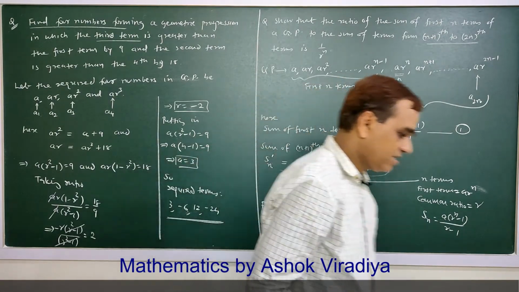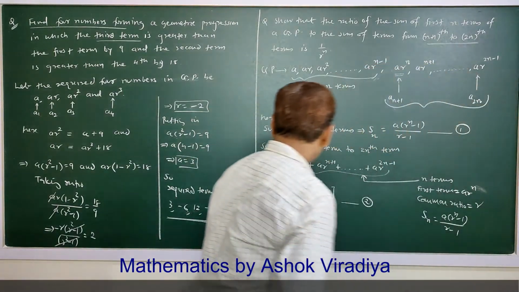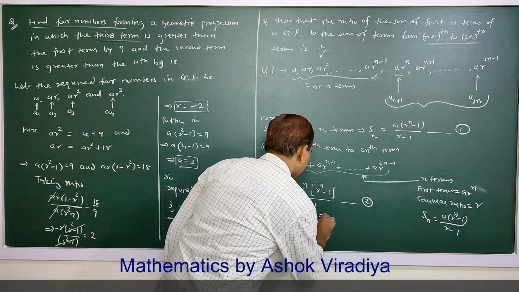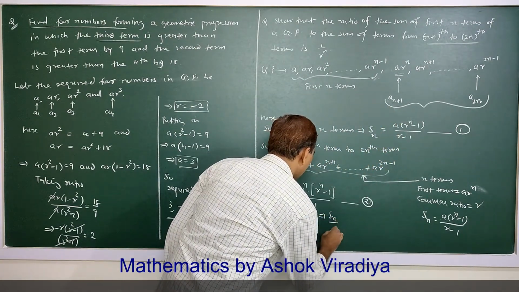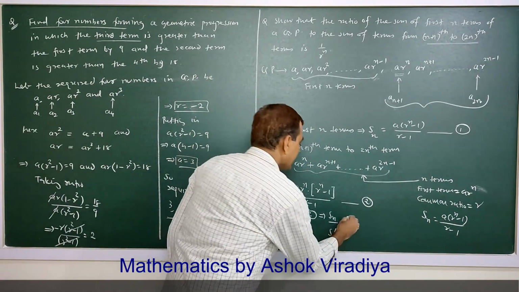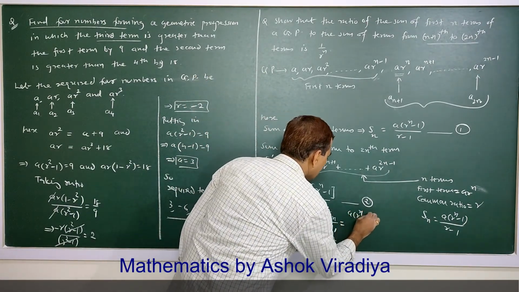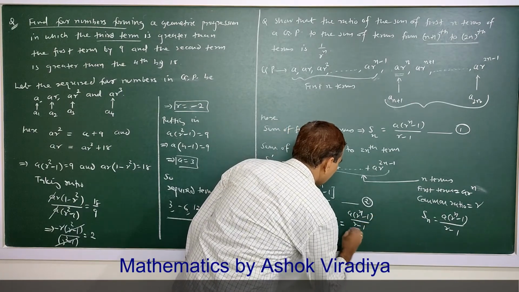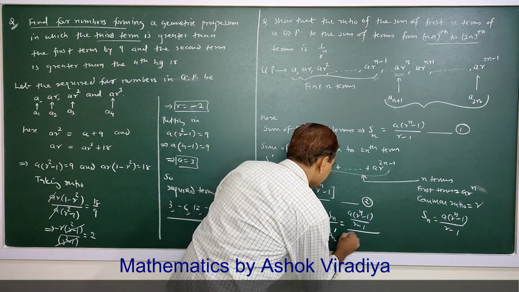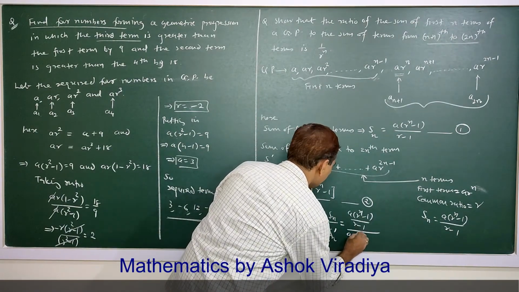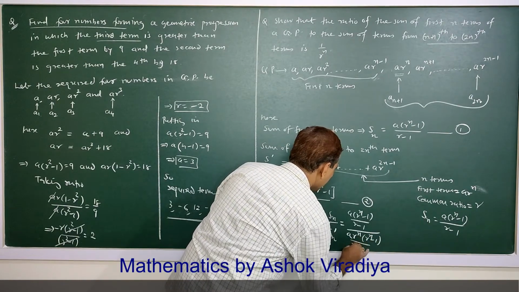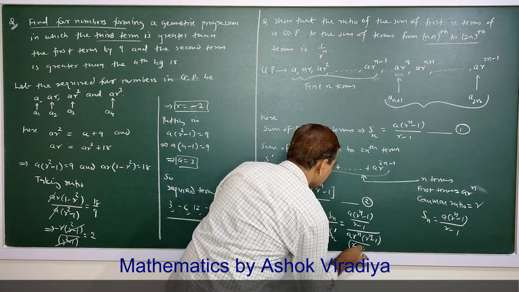I need space, so I am taking on this side Sn upon Sn dash equal to a into r raised to n minus 1 upon r minus 1 upon this number is a into r raised to n into r raised to n minus 1 upon r minus 1.